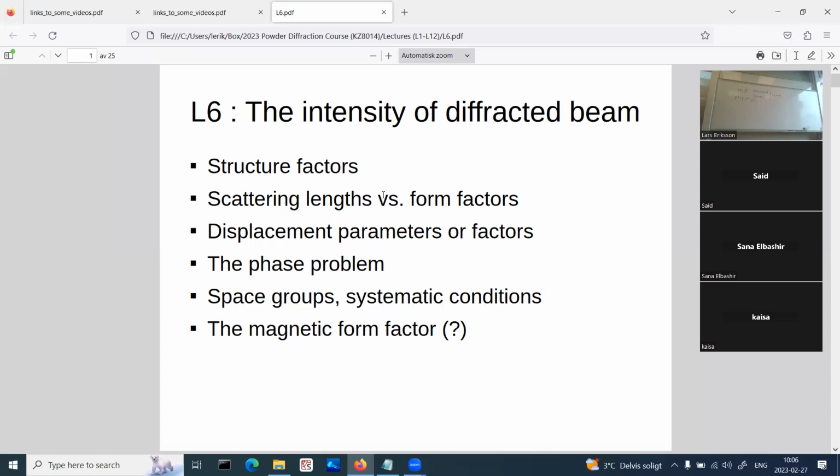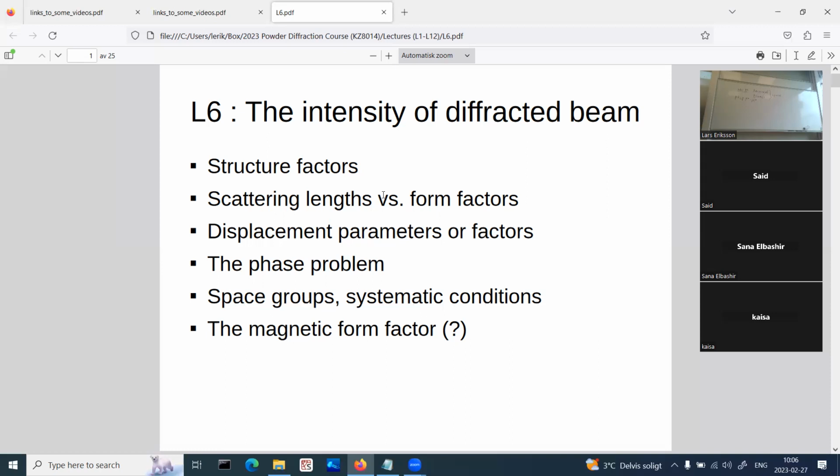We have scattering length in neutrons, and maybe in X-rays we speak about atomic form factors. In neutron diffraction, the atomic form factor is just a number, usually a real number, and it's constant with the scattering angle.